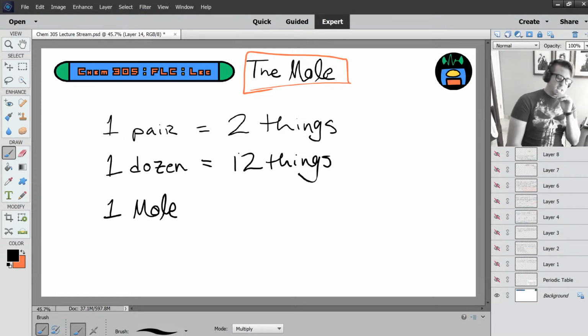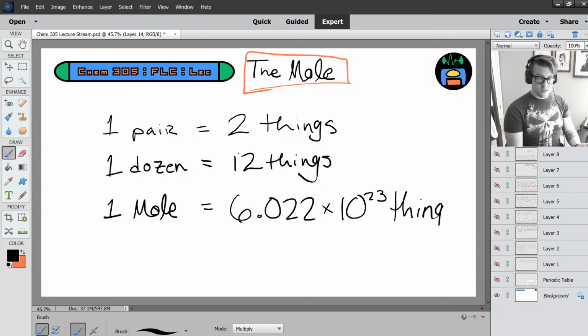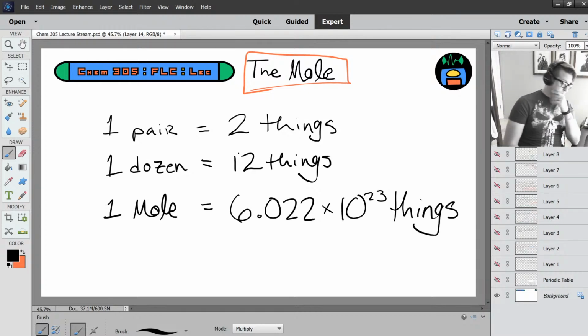Now, a mole is like a pair, it's like a dozen, it's just a number of things. That's all it is. The only difference is the scale. One mole is a lot of things. One mole is 6.022 times 10 to the 23rd things. That's all it is.